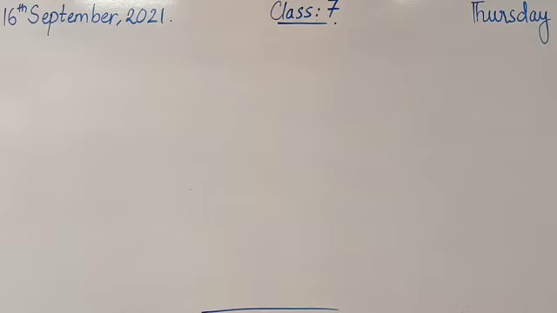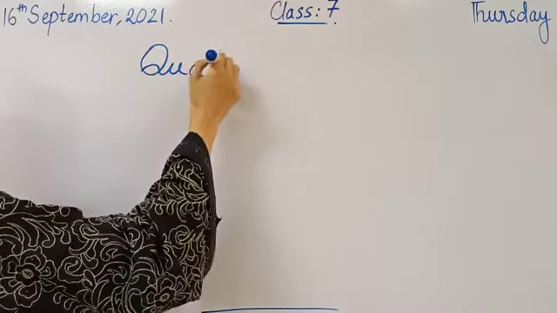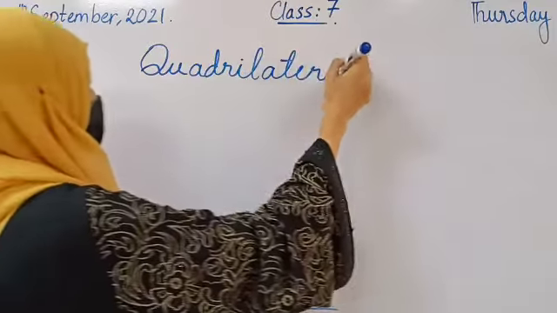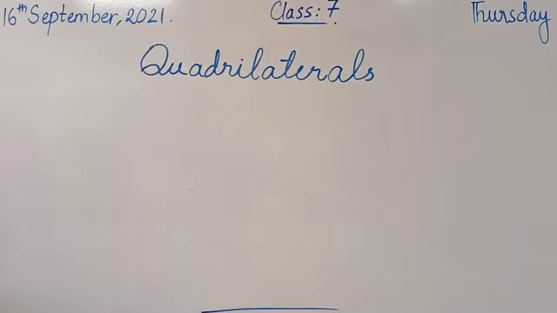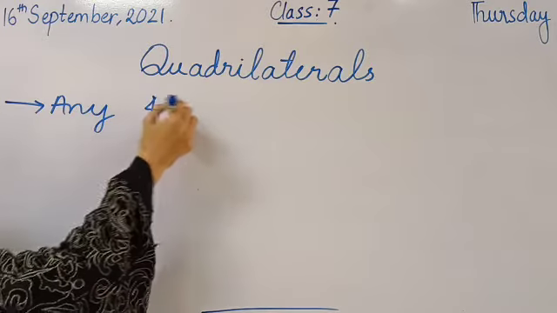Okay, students. Who will tell me what we have learnt in the previous lesson? Good. We were talking about quadrilaterals. Who will tell me what quadrilaterals are? Good. Any four-sided shape.